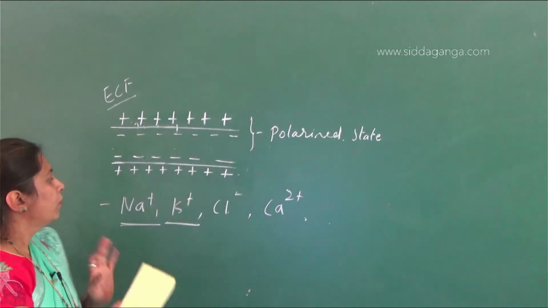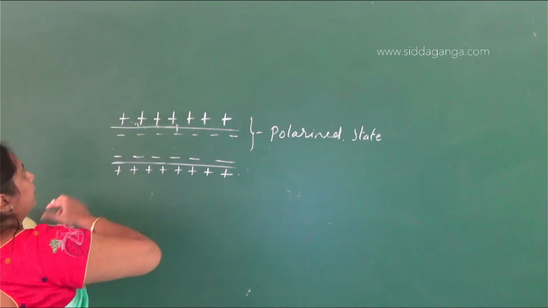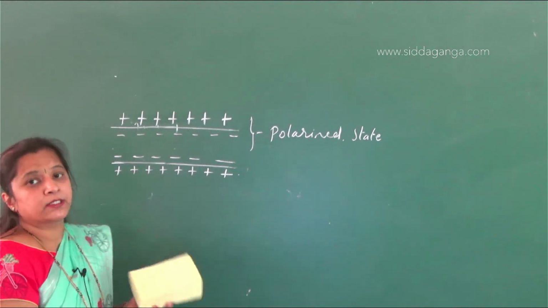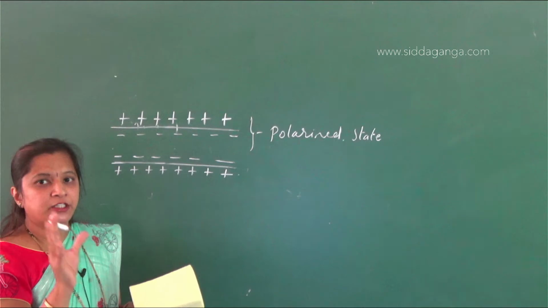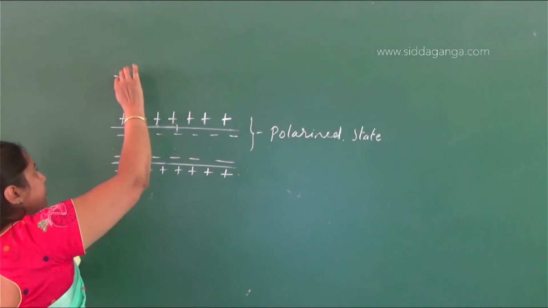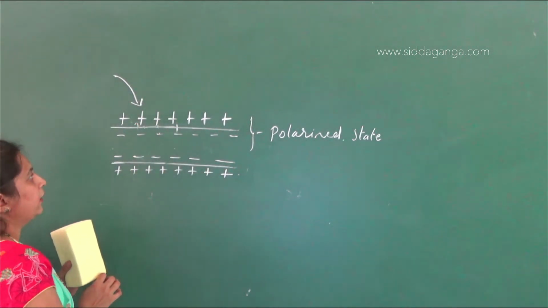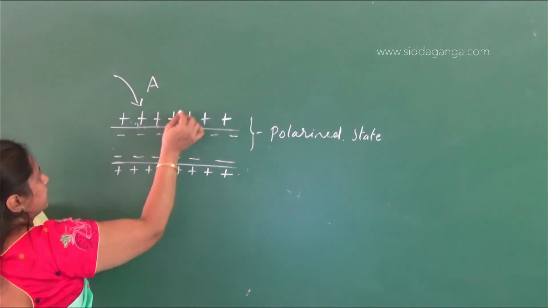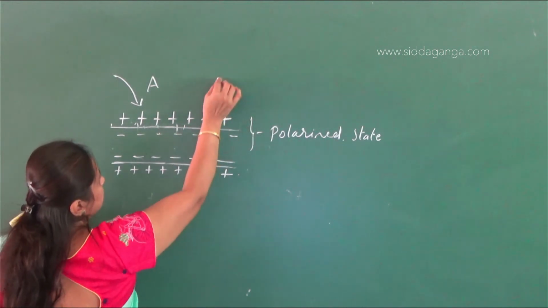Now, whenever a suitable stimulus is applied, how is a nerve impulse or action potential generated? The generation of action potential requires a suitable and large stimulus. Suppose we take a site A, from here to here, and from here onwards is the B site.